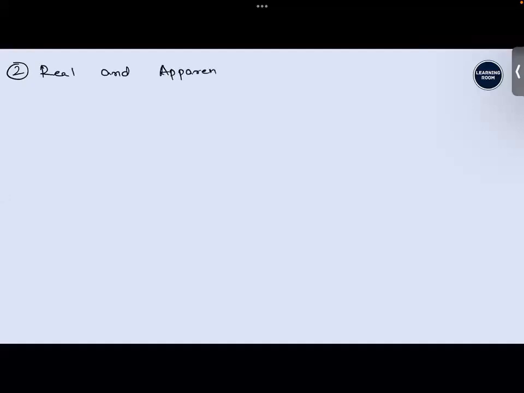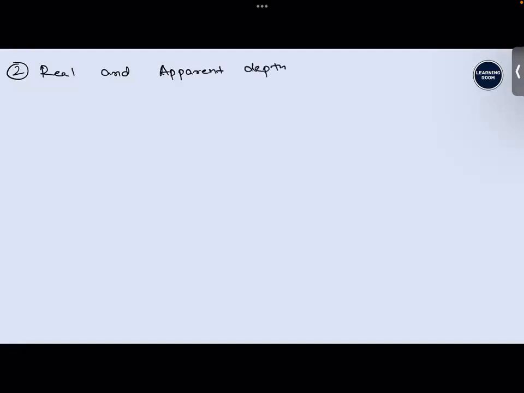Okay. The next application that we are going to see is real and apparent depth.